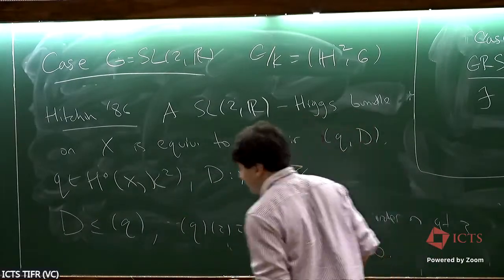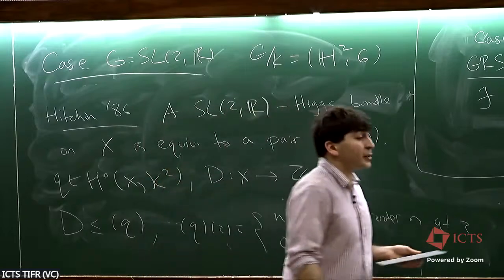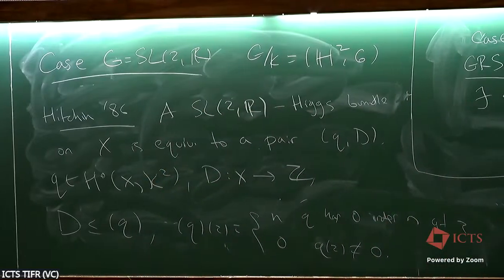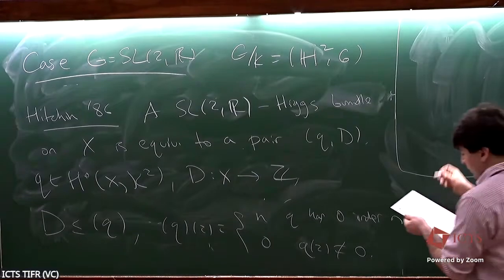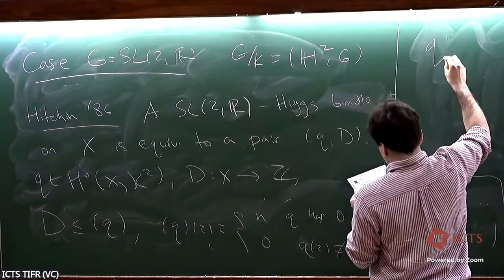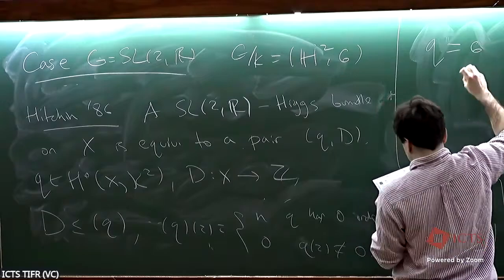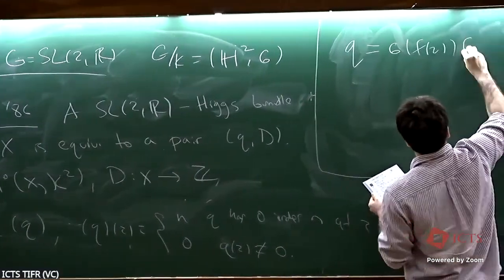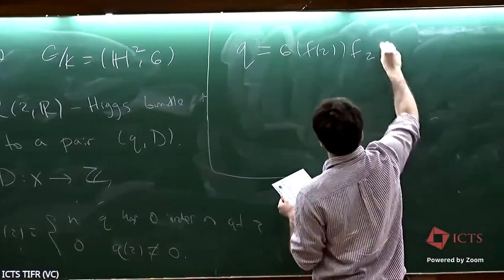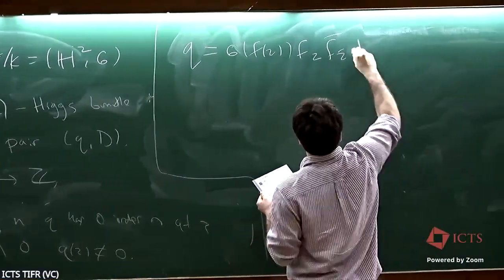Okay, so at this stage, I'm going to stop talking about Higgs bundles entirely and just think of this in terms of harmonic maps. In this setting, Q is called the Hopf differential. If I write it in local coordinates, since I have a global coordinate, this is the metric on f of z, and then f_z f_z bar, dz squared.